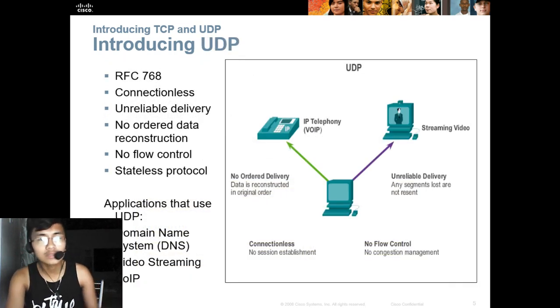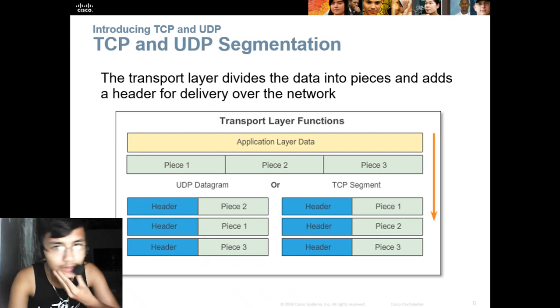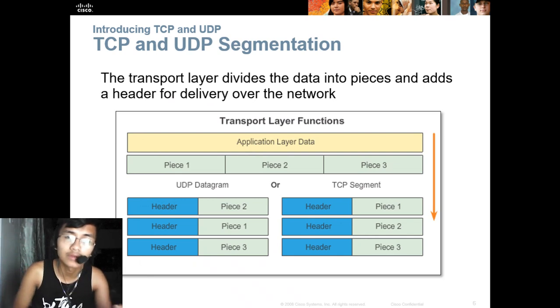UDP is connectionless, with unreliable delivery, no ordered data reconstruction, no flow control, and it is a stateless protocol. The applications that use UDP include the domain name system, video streaming, and VoIP. TCP and UDP segmentation: the transport layer divides the data into pieces and adds a header for delivery over the network.